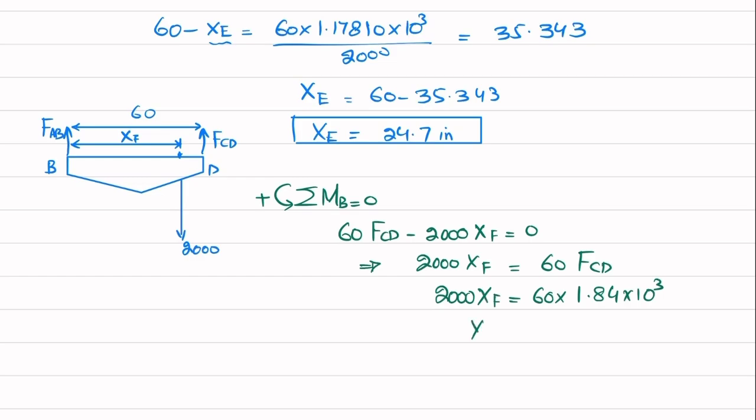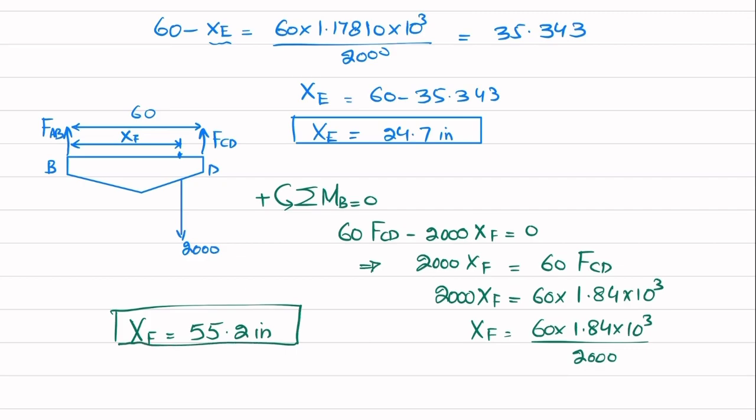So XF will be equal to 60 into 1.84 into 10 raised to power 3 divided by 2000. So from here you will get this XF comes out to be 55.2 inch. And this is the position of the second stop.